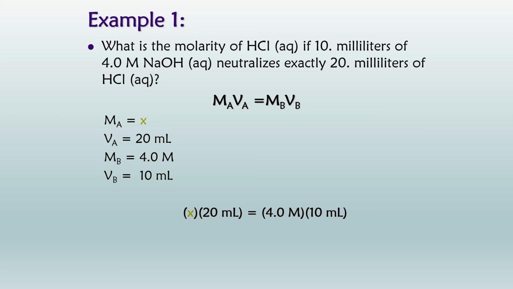So if you want to get rid of it on this side and bring it to the other side, remember we can divide by 20 milliliters on both sides. It will cancel the 20 milliliters over here, and now we just have it on the other side. So when we do the math, that gives us 2.0 molar, and that is the molarity of the acid.